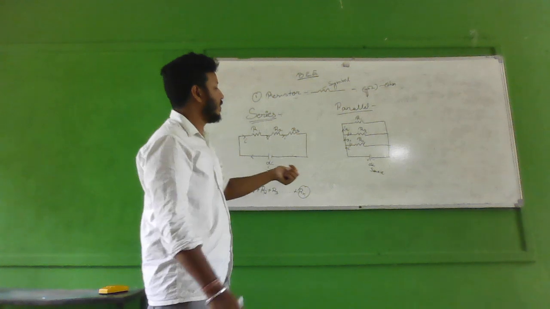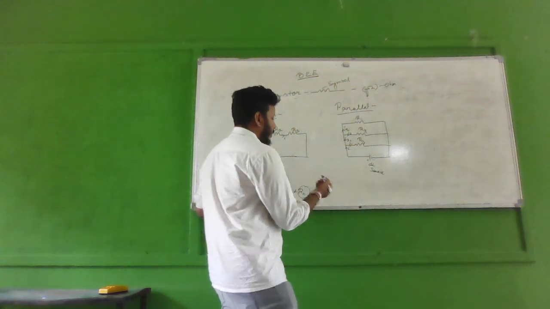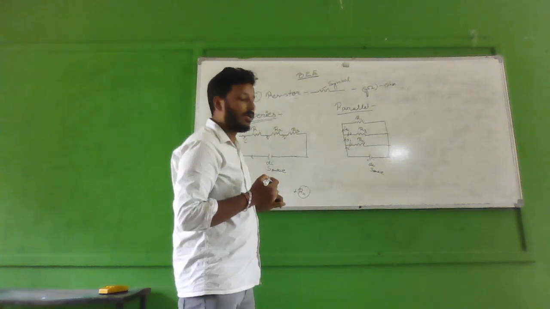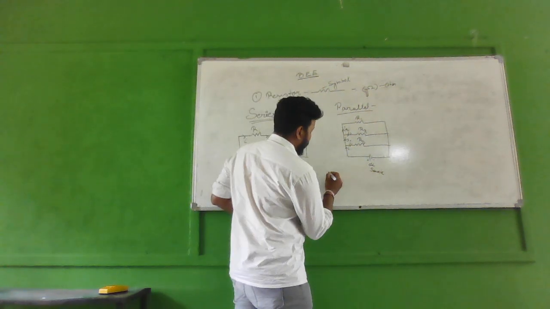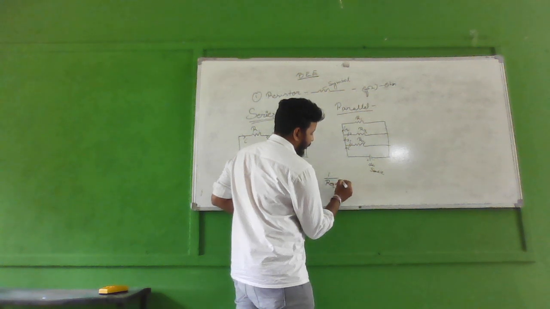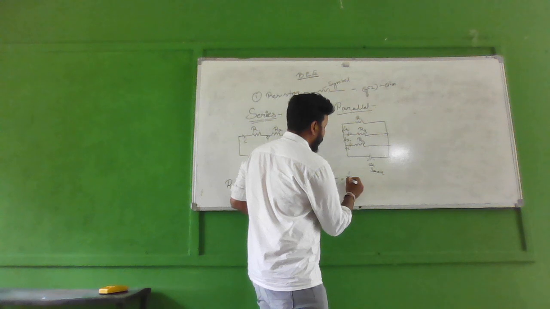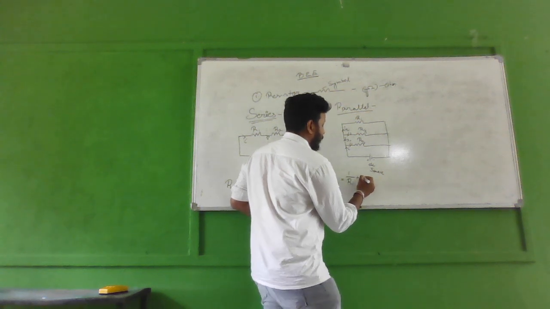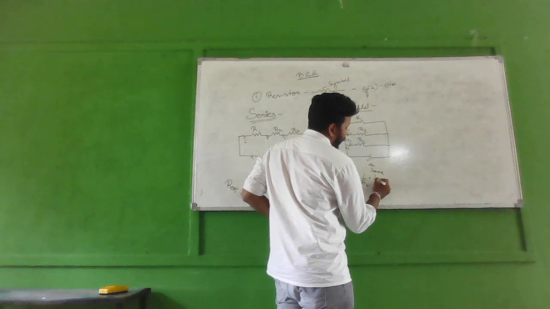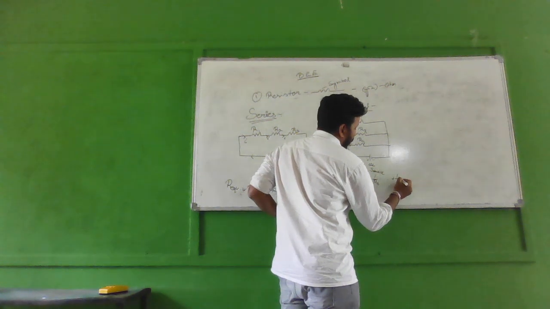So for parallel connection of resistors, the equivalent resistance formula is 1 by R equivalent equals 1 by R1 plus 1 by R2 plus 1 by R3 up to 1 by Rn.